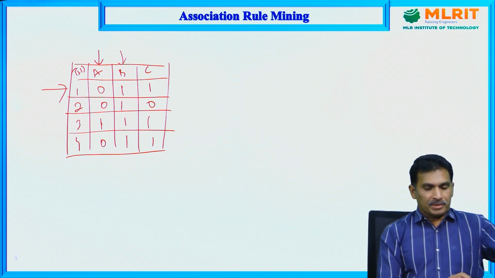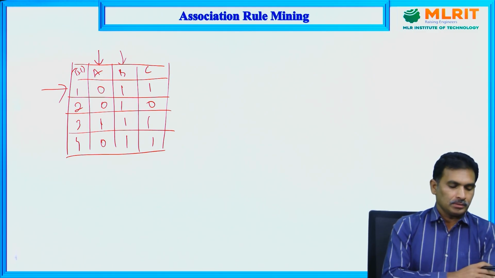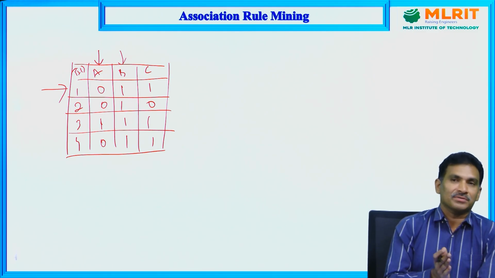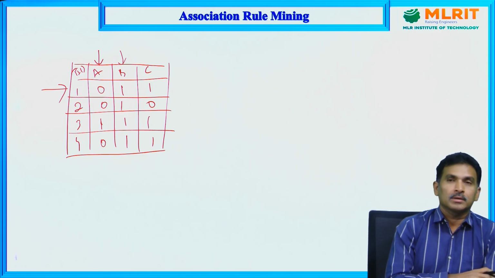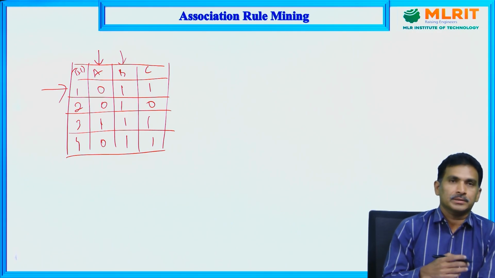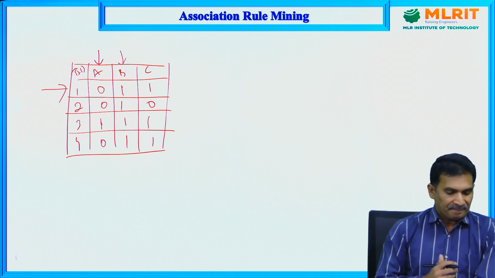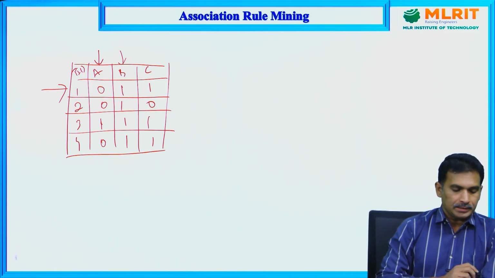This is the way the transactional database is converted into the binary database. This is one kind of data transformation, so that we can apply frequent item set mining to find the frequent item sets, and then we'll derive the association rules.